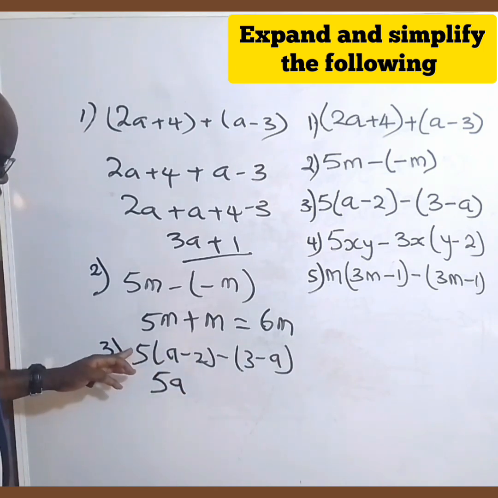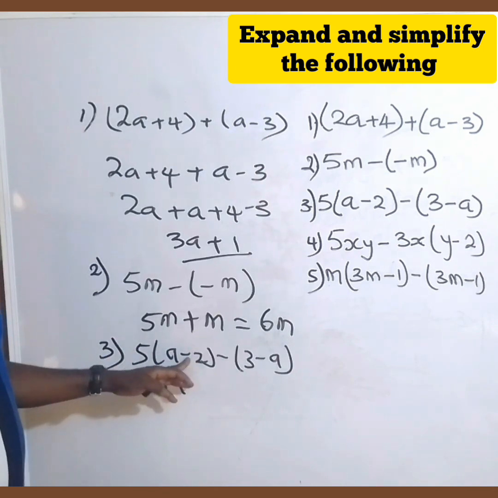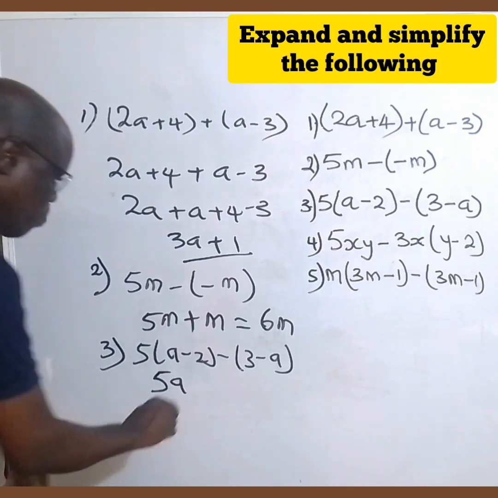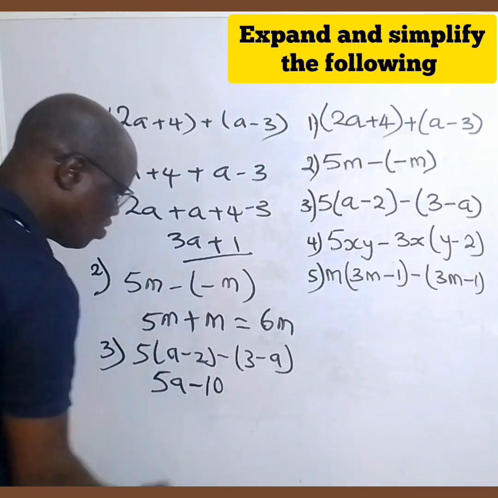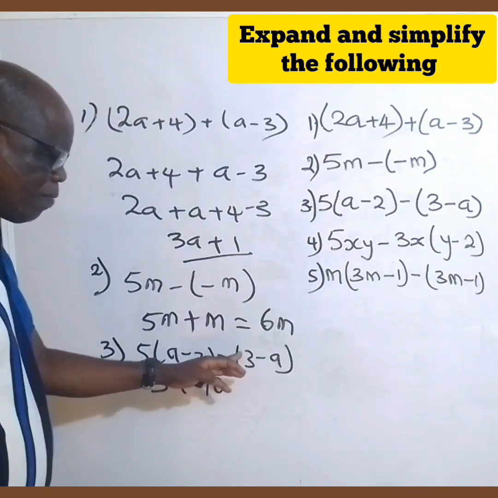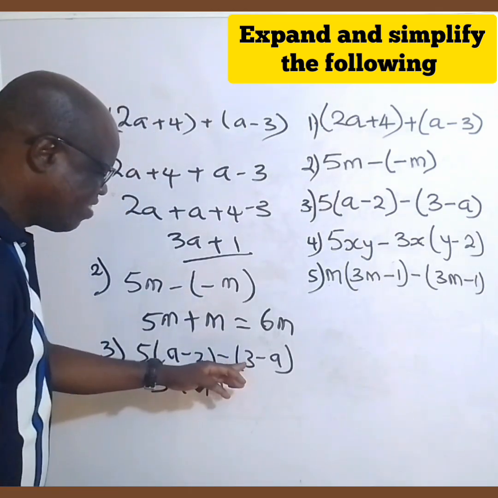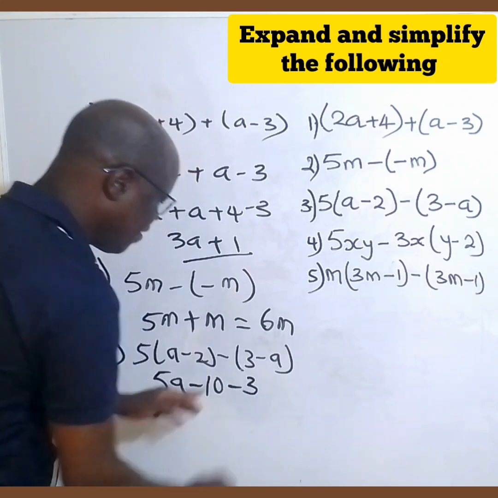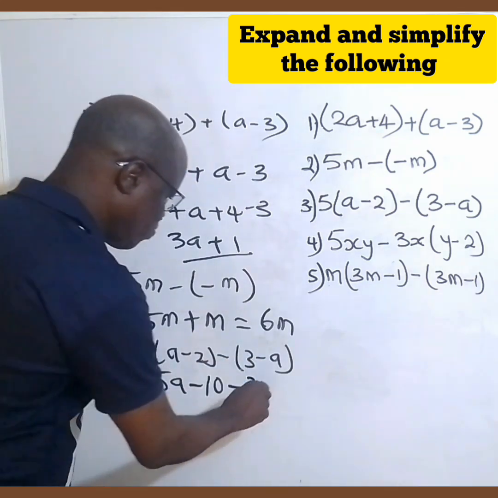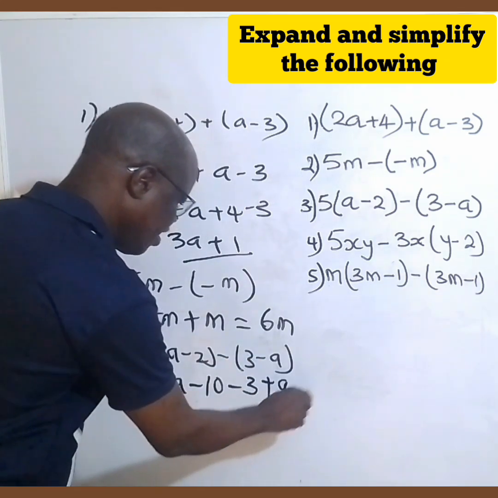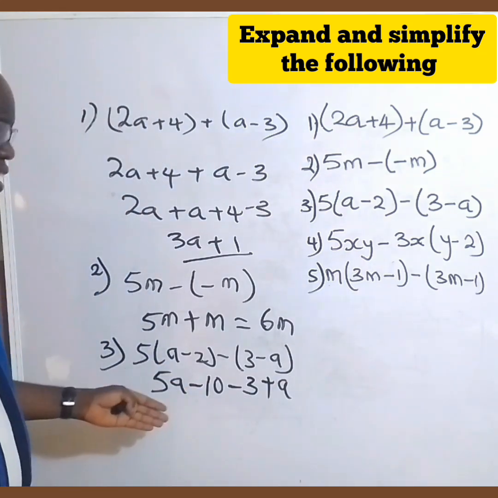But don't forget that this is plus, this is minus. Plus multiplied by minus is minus. Then you have your 10. The minus multiplied by plus become minus. Then you have 3. Minus times minus is plus. Then you have a.